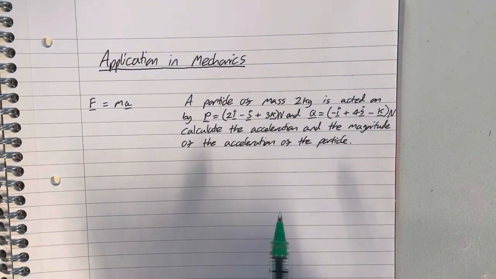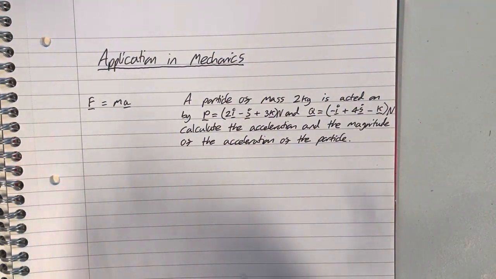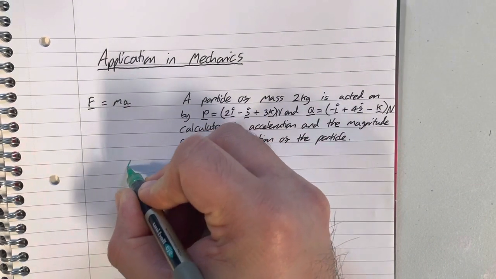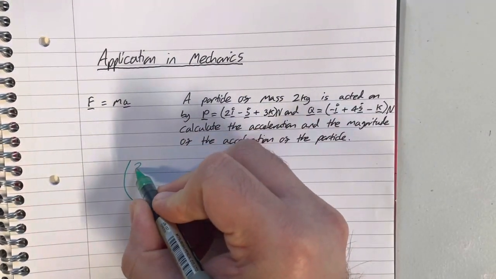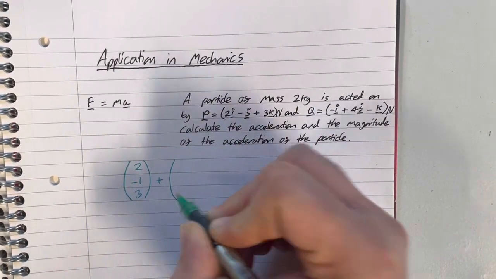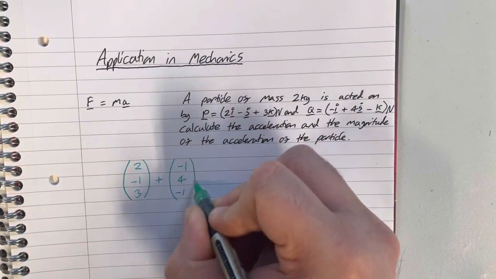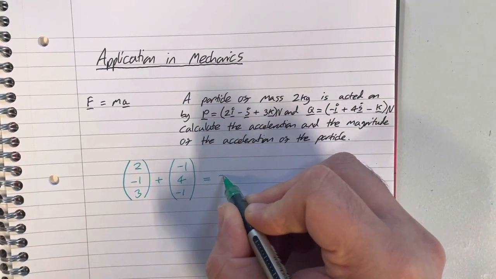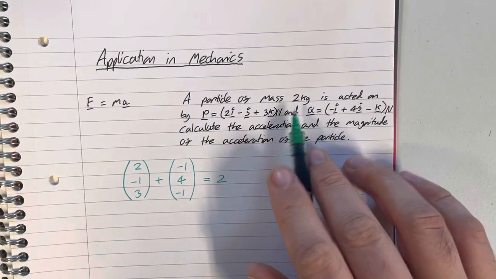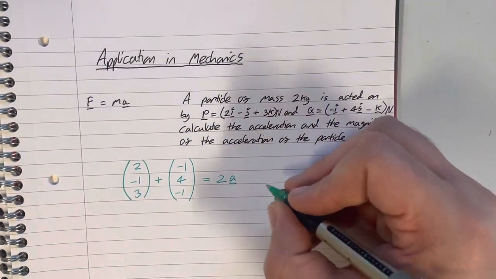Okay, well, it's just a case of applying these into this formula over here. So the resultant force is the sum of all the forces that are acting on it. So we've got (2, -1, 3) plus (-1, 4, -1), and that's going to equal the mass, which is 2 kilograms, times the acceleration, which we don't know yet.